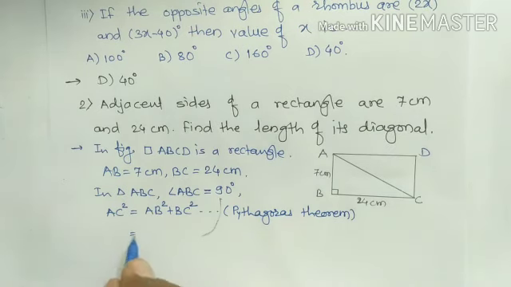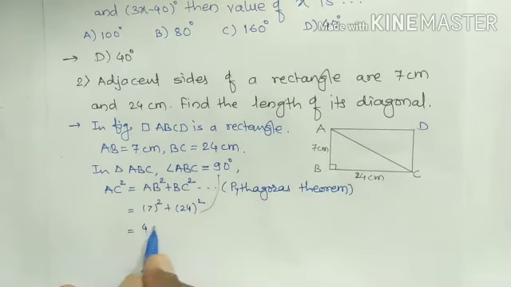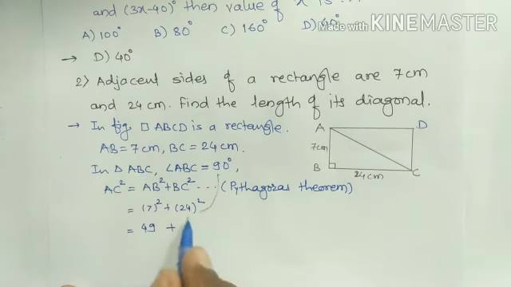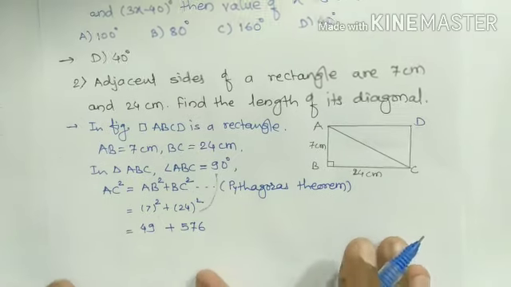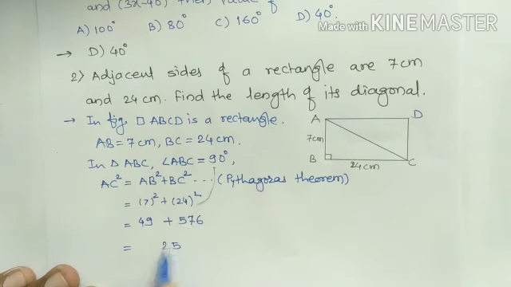And therefore it equals to 7 square plus 24 square. Here 7 square equals to 49, 24 square it is 576. Then the sum of these two, 9 plus 6 15, carry 1, 8 plus 4 12, carry 1, 625, which is equal AC square.